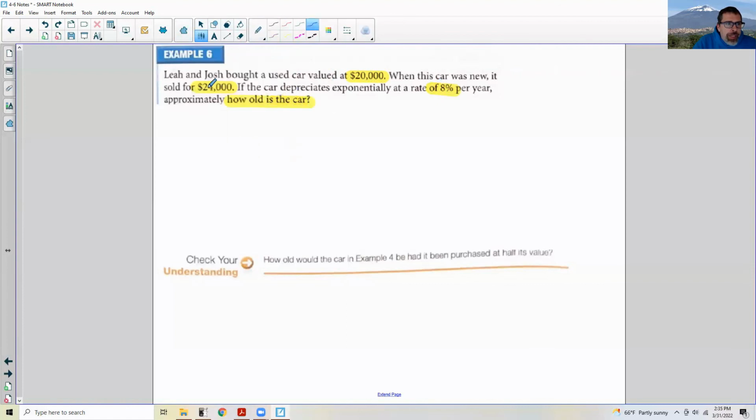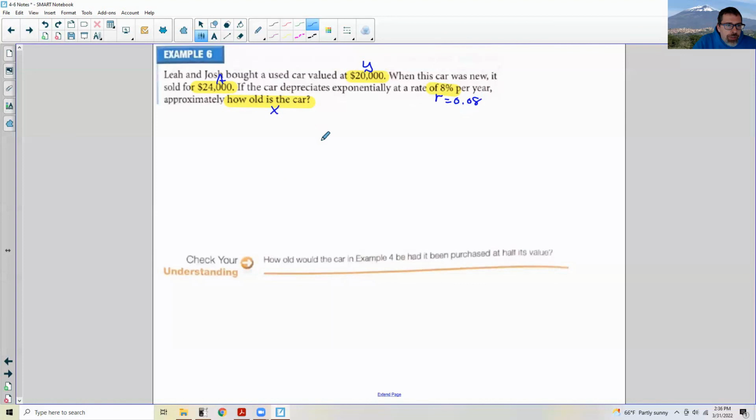All right, so again, the value of the car now is Y. The original value is A. This is R, which is 0.08.